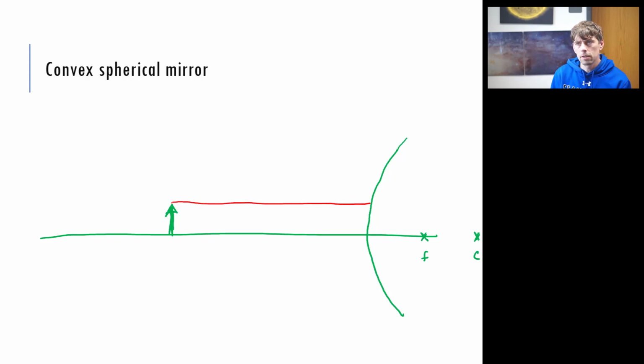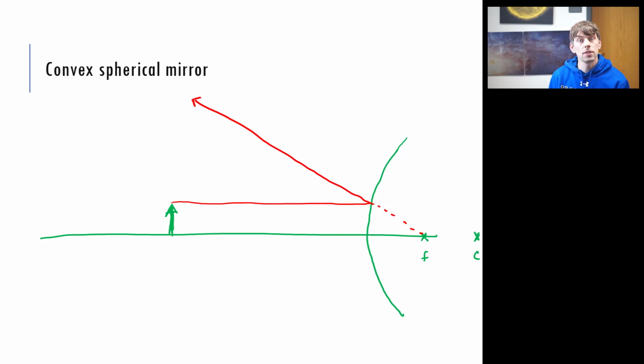It's not like it's going to be reflected this way because that requires it to pass through. What I will say is that it will be reflected directly away from the focal point. In other words, the reflected ray will seem to have emanated from this location in space. So how we do that, again, that's where the dashed lines come in. And then I can draw it this way.